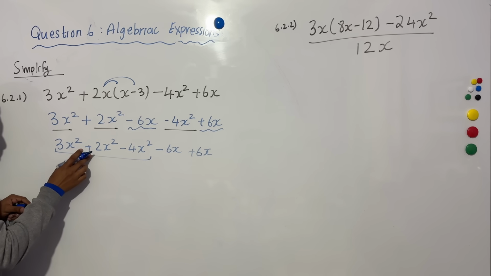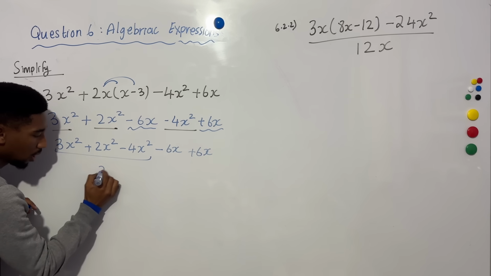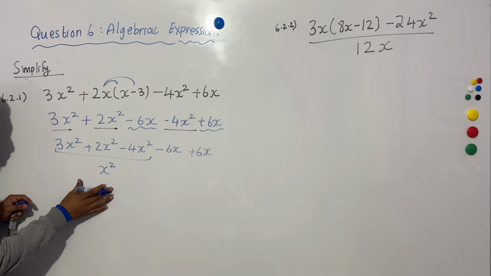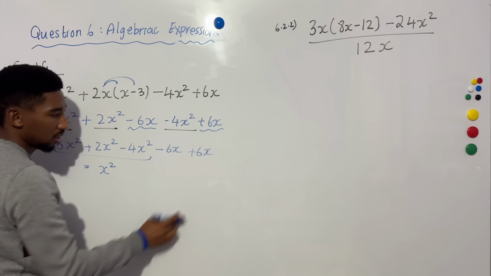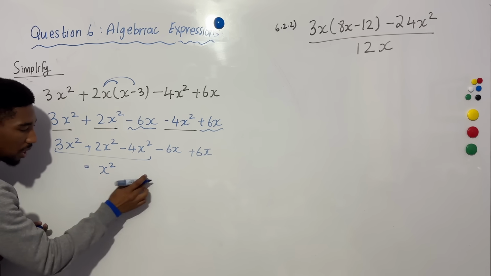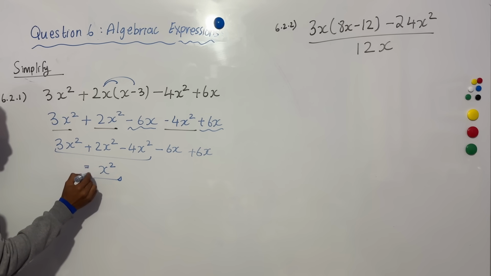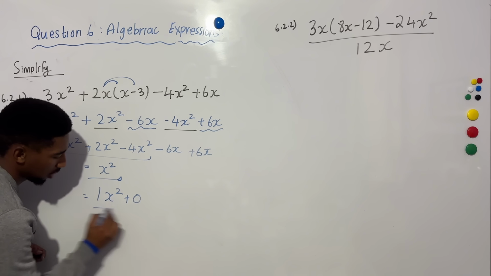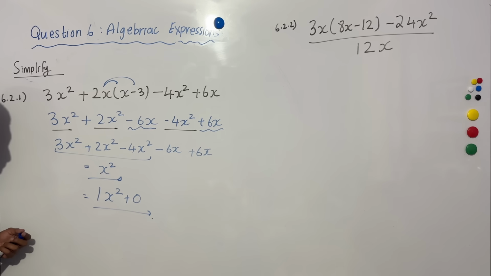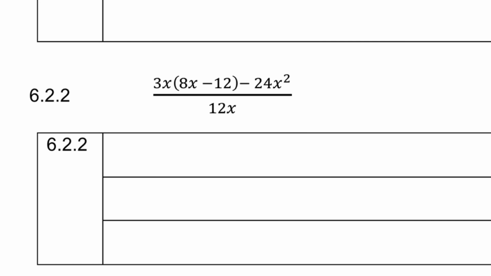So 3x squared plus 2x squared is 5x squared, minus 4x squared is equal to 1x squared. Okay, then minus 6x plus 6x is 0. You could say plus 0 there, but alternatively you could have said 1x squared plus 0. I know some of you will have that as an answer, but that is correct and this is correct as well. Let's have a look at the second one.